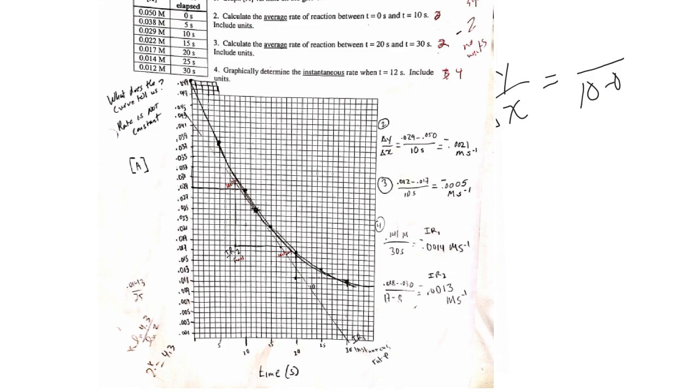And then the answers that I got are circled over here on the right-hand side, where for number 2, what I did is I took the change of the y that I had at 10 seconds. All right, so 0 to 10 seconds, excuse me. So I went up, made my point at 10 seconds, and then I had my point at 0.